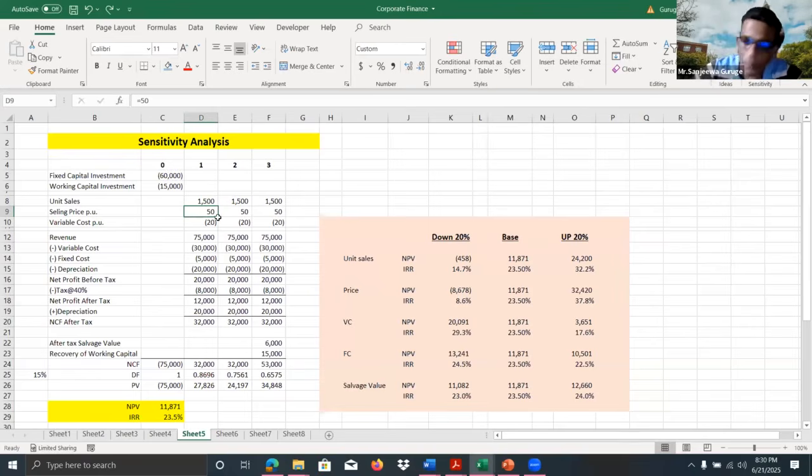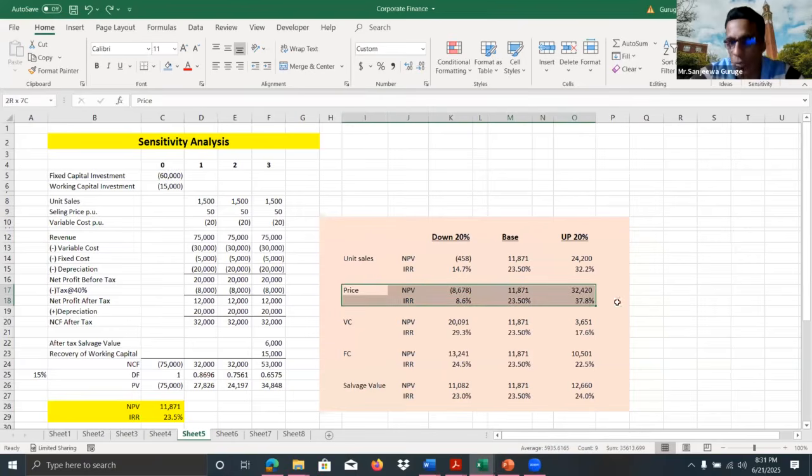If the actual price at which we can sell this product is less than what we initially estimated, we might select a project which is not acceptable at all, considering it acceptable. Price is the most sensitive variable for this project, so the estimation of the price should be accurate. Otherwise, the decision is wrong.